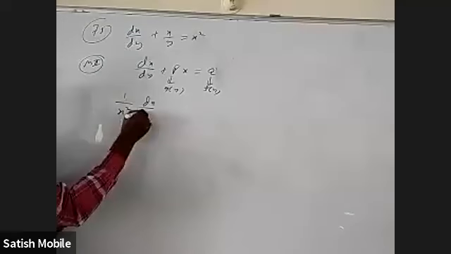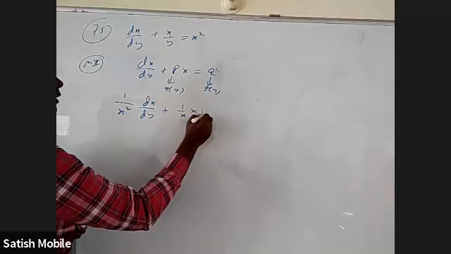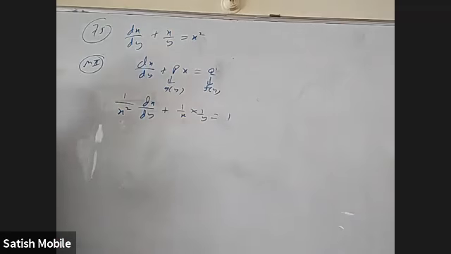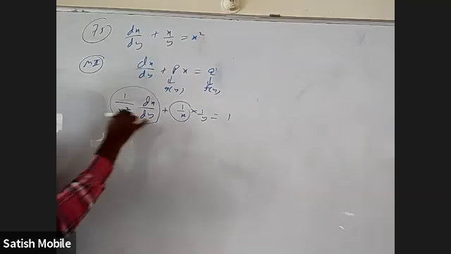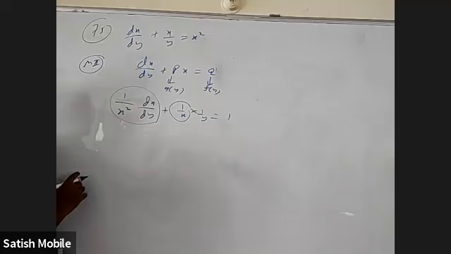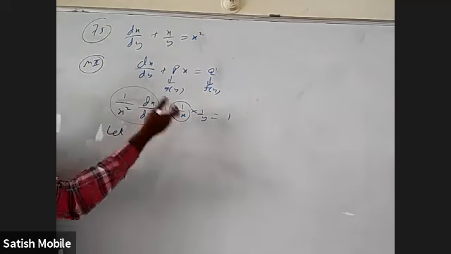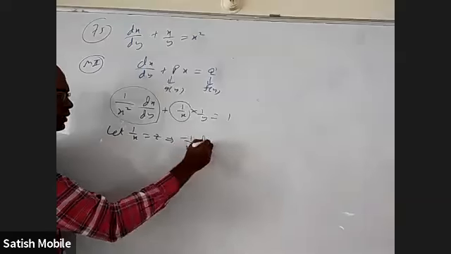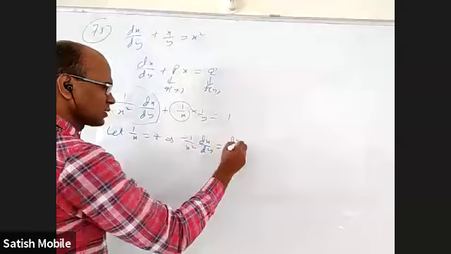We'll get 1 by x square dx by dy, plus 1 by x into 1 by y is equal to 1. Now, if I take 1 by x as z, normally I should have x here, but some other function of y is there, so I should take that as z. 1 by x equal to z, minus 1 by x square dx by dy is dz by dy.